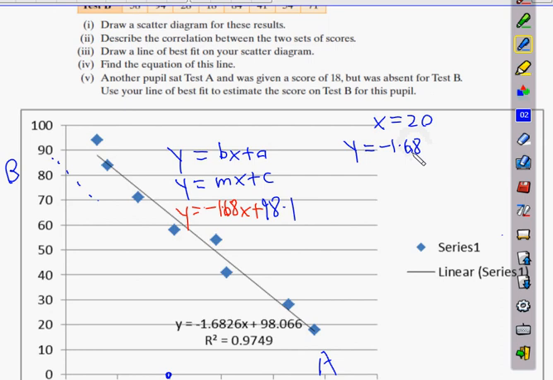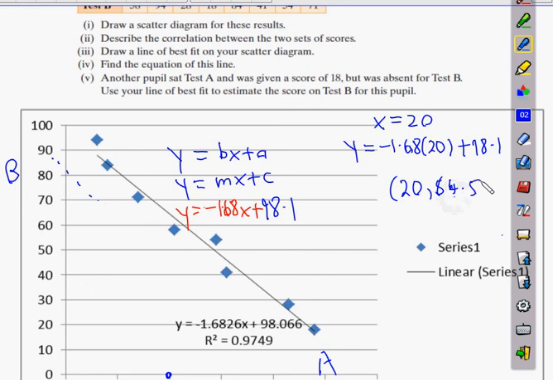Minus 1.68 multiplied by 20 plus 98.1. What would I get there? So my point here is 20 and 64.5.